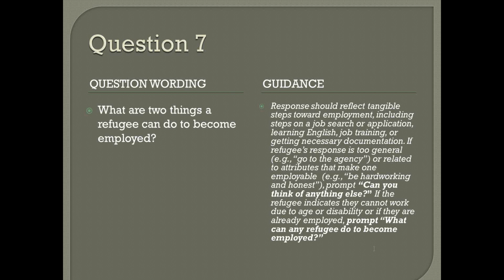That would definitely be too vague, so we want to know how specifically the refugee agency would be able to help. Okay, being a citizen would definitely be an incorrect response, so we want to make sure that they understand that they are automatically work authorized. So being a citizen would not be correct. Great.